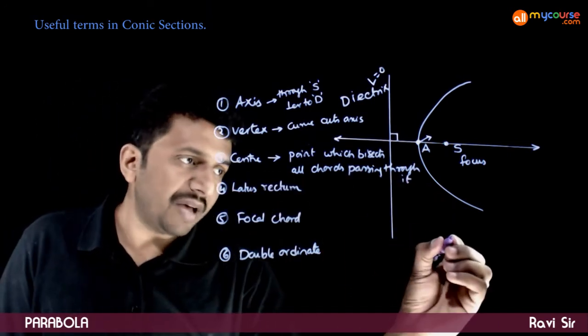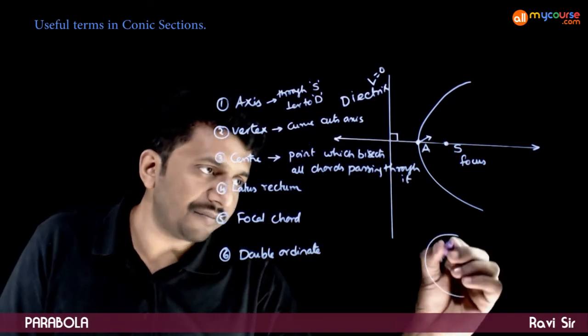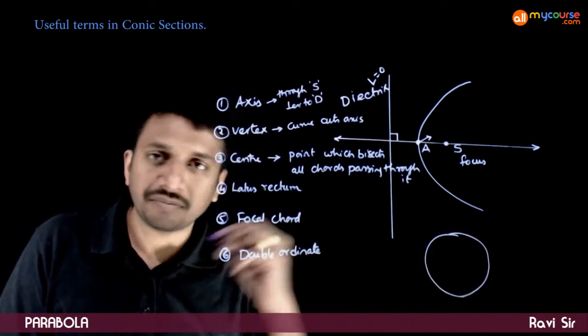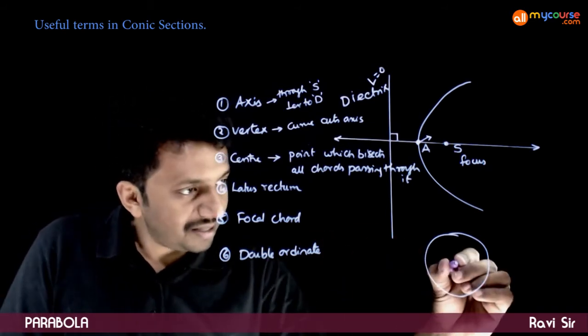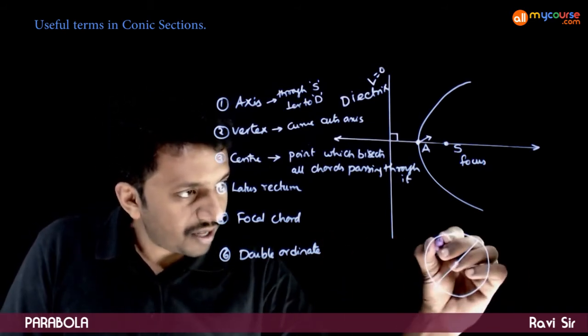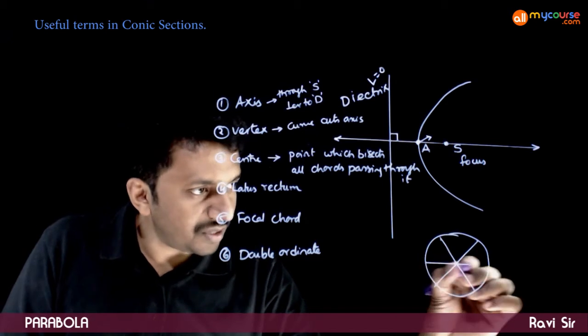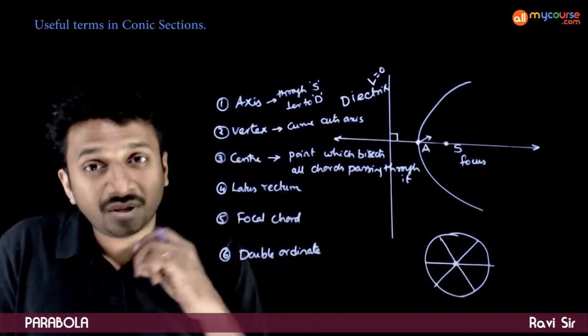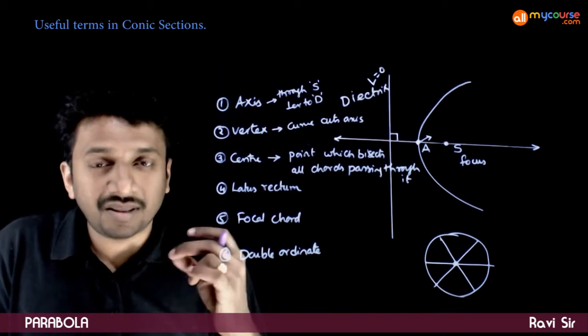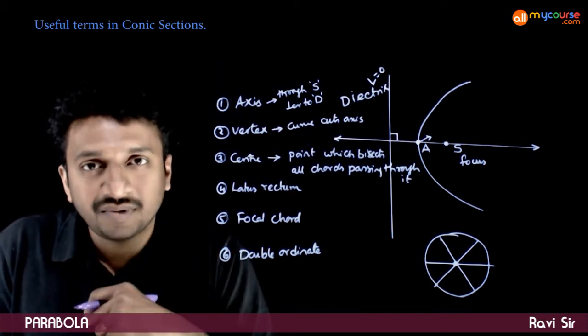For example, if you take the center of a circle, every chord passing through this point is being bisected by this point. If such a point exists, that is called the center of the conic.